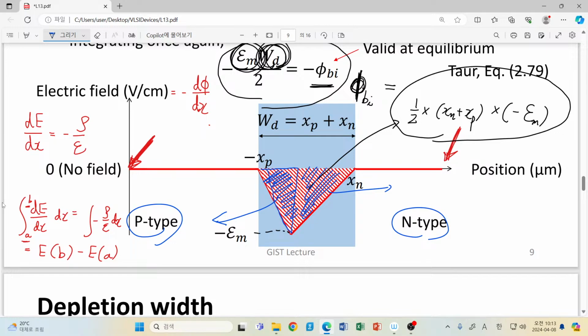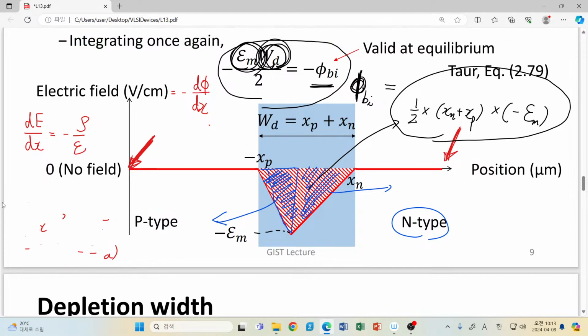So think about, for example, a p plus n junction. How can you draw your electric field? This graph looks good because this is more or less a balanced one. But now let's assume a P plus N junction with, for example, 1000 times higher doping density for the P-type region.